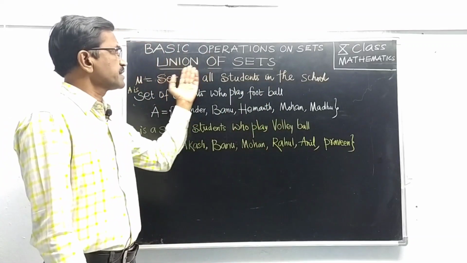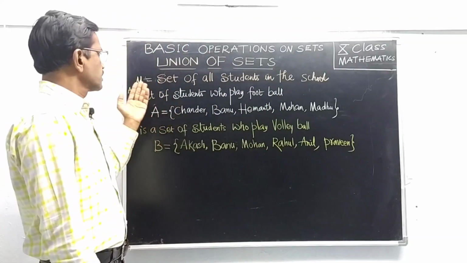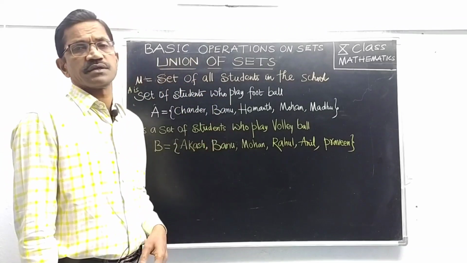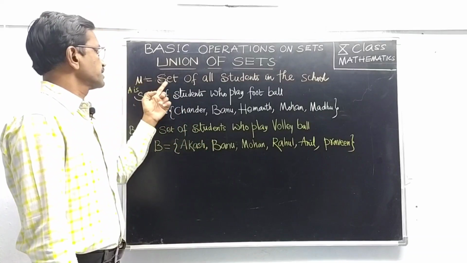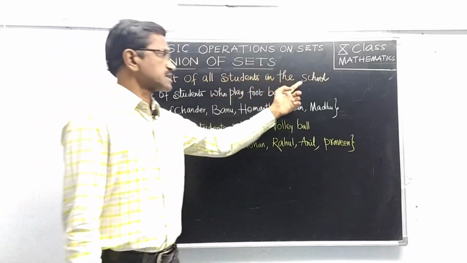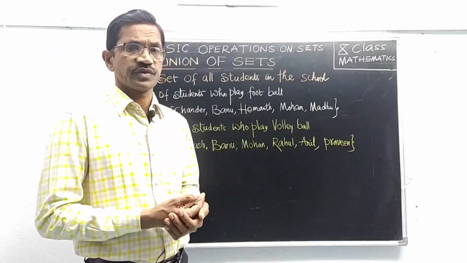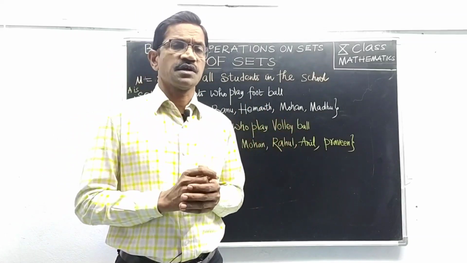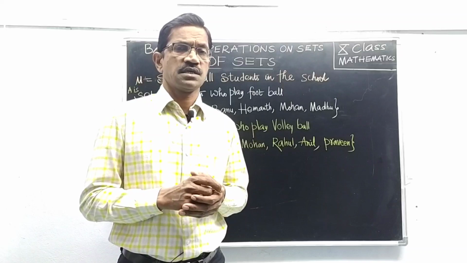First, union of sets. Let us understand this concept by taking an example here. Mu is a set of all students in our school. Your school is a universal set for all students for all classes.